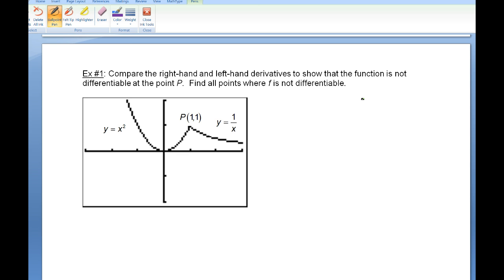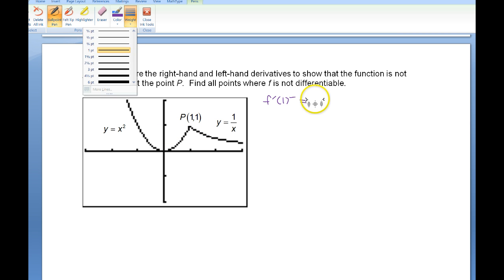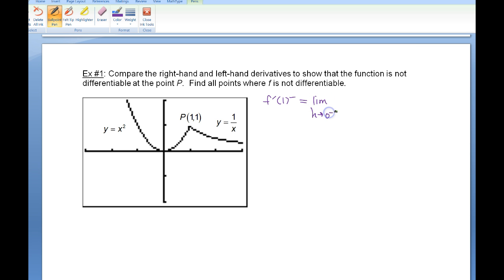So let's compare. Let's look at the derivative. Let's do the derivative at 1, because we're specifically looking at 1. Everywhere else it's differentiable. Let's look at 1 from the left. So that's going to be the limit as h approaches 0 from the left. Okay, so we're looking at the y equals x squared part.